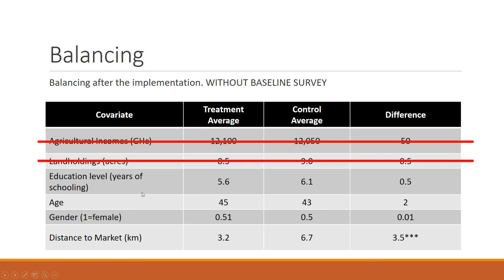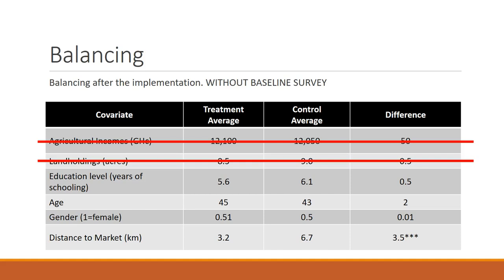So that's why we do the balancing ex post. Now, if we conducted this balancing test and we find that all of these are insignificant, that would mean we have provided evidence that we have achieved statistical independence, which would imply that any observed difference in our outcome variable between our treatment group and our control group is a result of the intervention, not a result of some other factor.